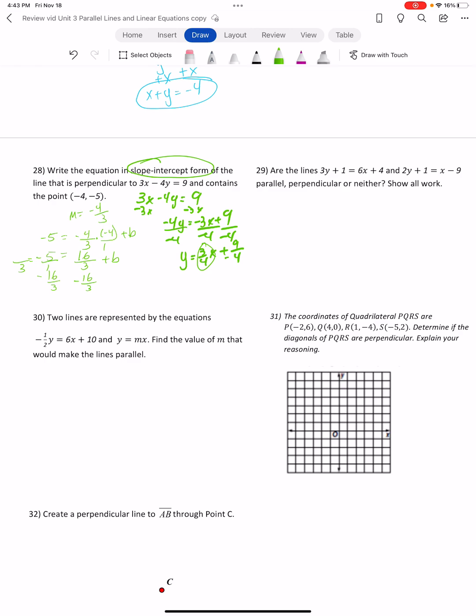I want it over 3, so I'm going to multiply by 3. So it's -15/3. -15/3 plus -16/3 is going to be -31/3, is equal to b. So my equation is going to be y is equal to 3/4 x minus 31/3.